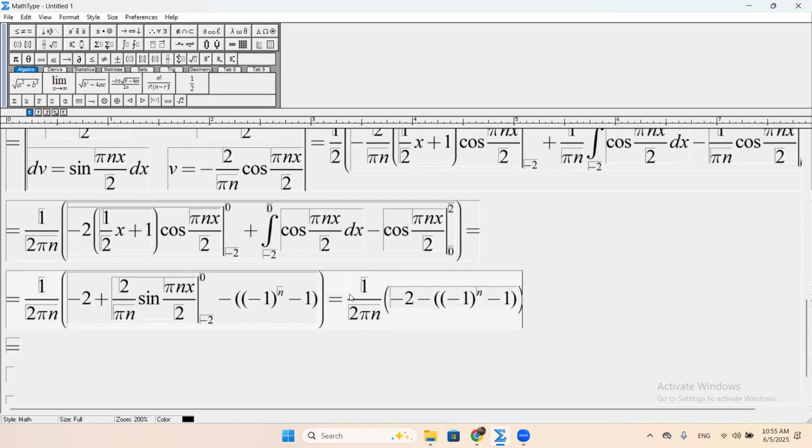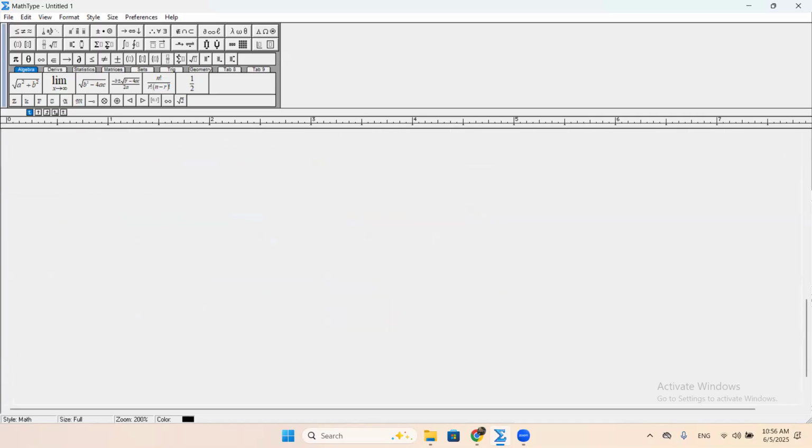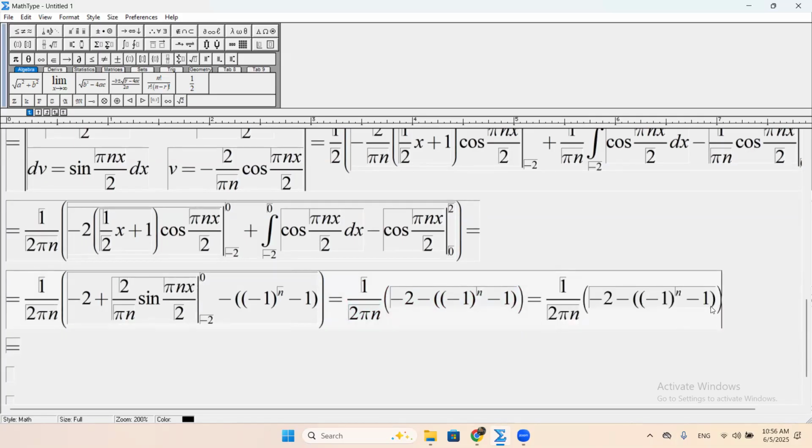And after that, we will expand brackets. So here will be minus 1 in power of n. Here will be plus 1. So 1 over 2pn, and here will be 1. Minus 1 in power of n plus 1, and minus 1.